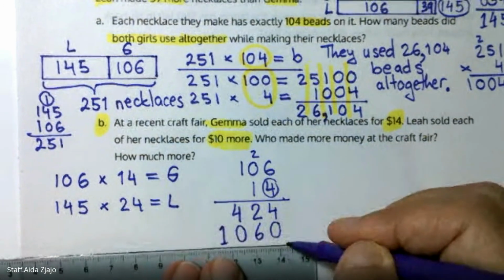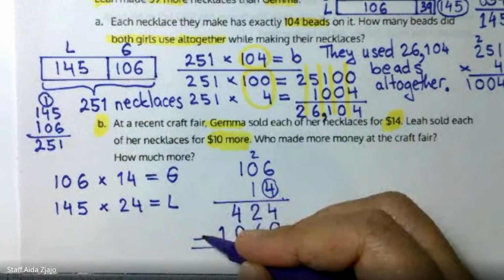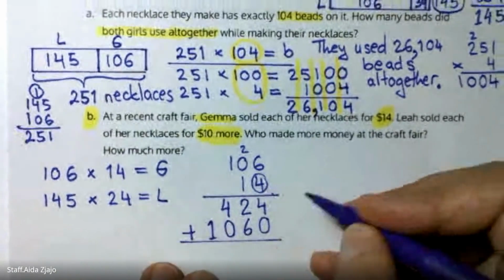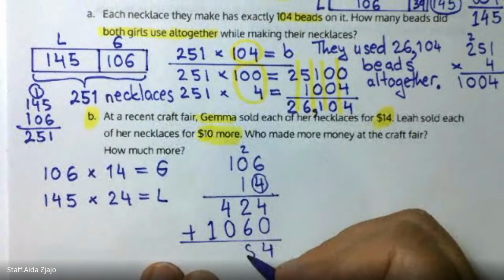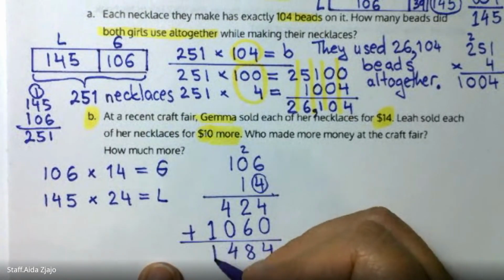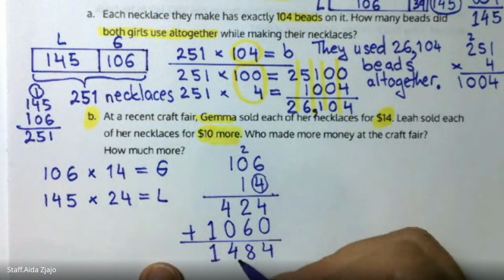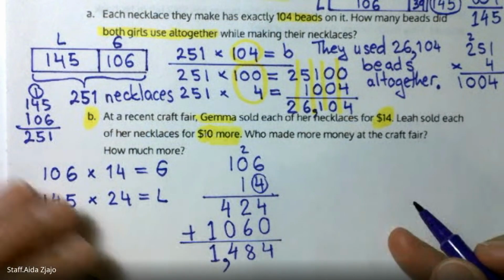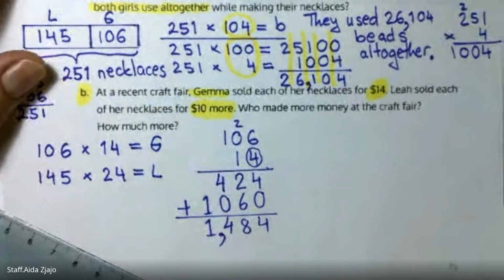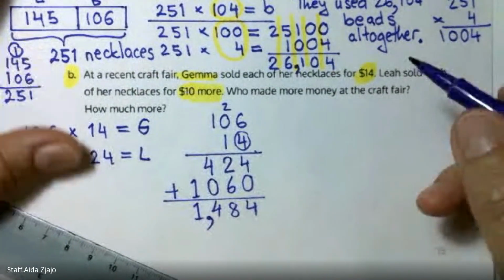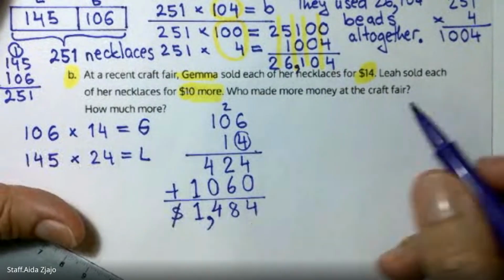And that all together is 4841. And that is $1,484 is Gamma.